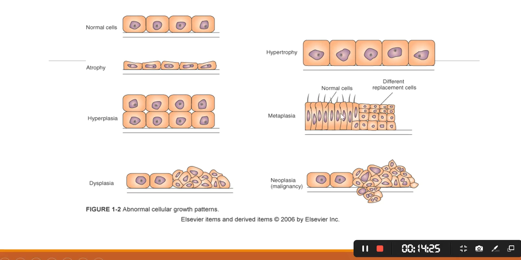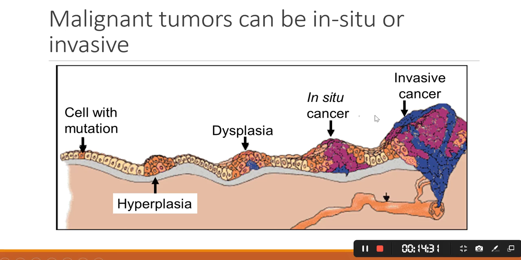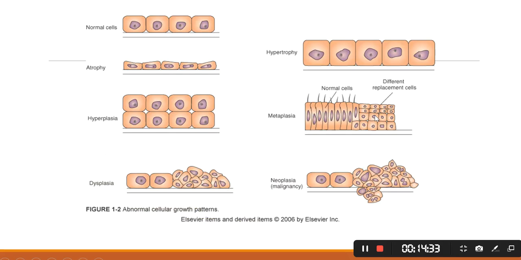These are the normal tall columnar cells, and they have been replaced by cuboidal cells, a different type entirely. So that is metaplasia. Dysplasia is where these cells have lost their features: these are the normal cells, and here look how they have become abnormal. And neoplasia is, as we know, where they start coming out of the basement membrane.